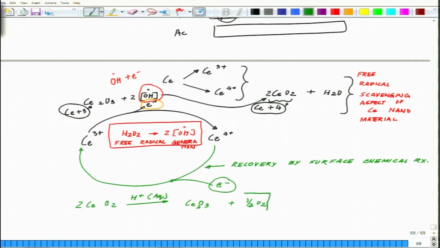It is generating oxygen there. So, you realize this whole process is the recovery by surface chemical reaction.